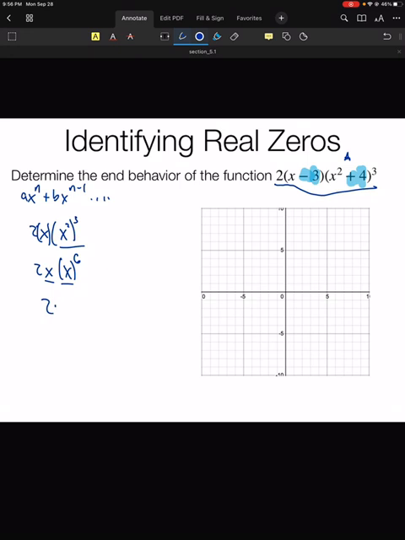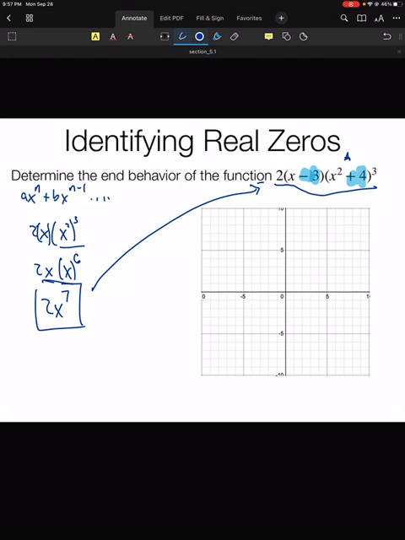Then you have an x and x to the 6th power that combines to be 2x to the 7th power. And so this is the leading term of the polynomial that will result from that multiplication. So we don't really need to do all the multiplication, just the stuff that goes along with the x's.